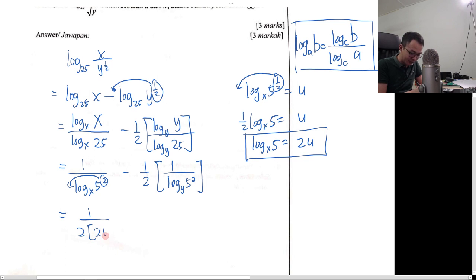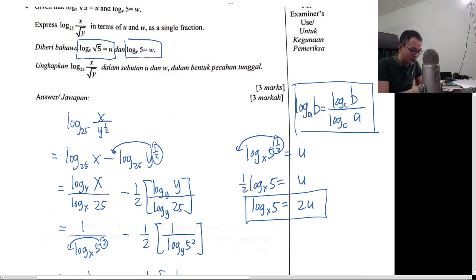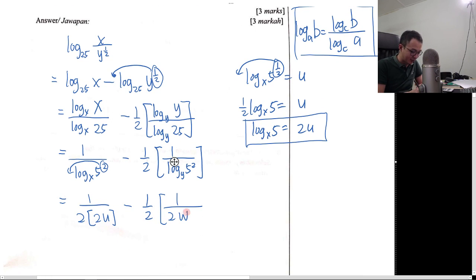So this one will become 2u. Minus, this is 1 over 2, right? And then this 2 I'm going to move to the front. What is log y 5? Log y 5 is w, right? So this is 1 over 4u minus 1 over 4w.